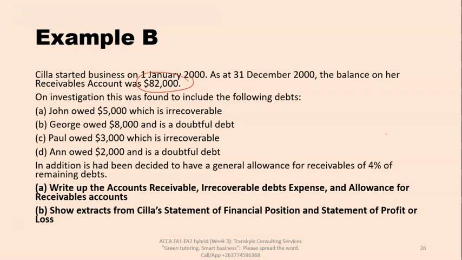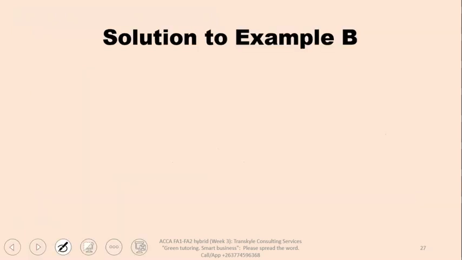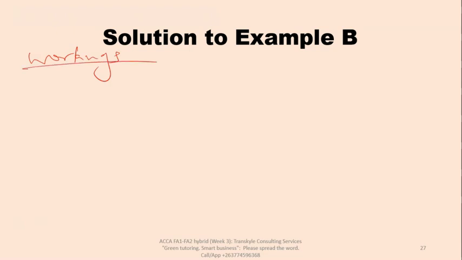So we can quickly do this by starting with the workings as usual. Working one, computation for allowance for receivables.